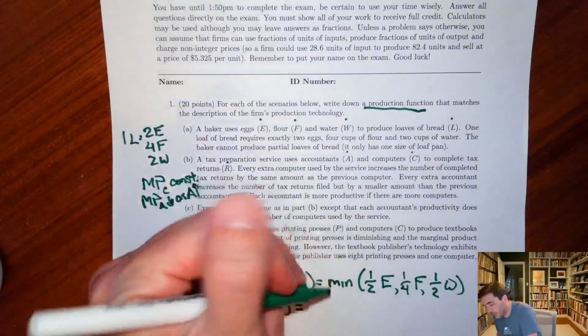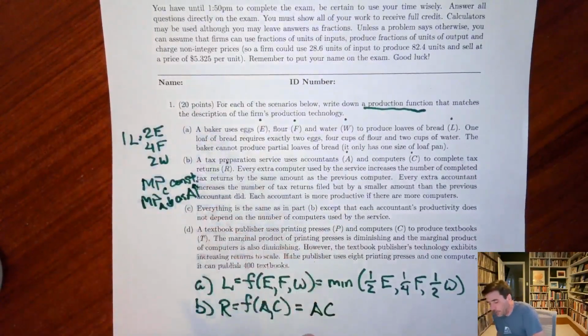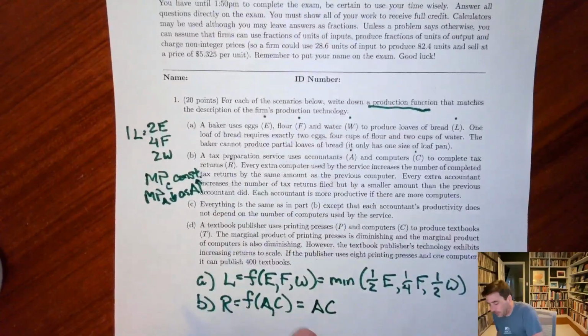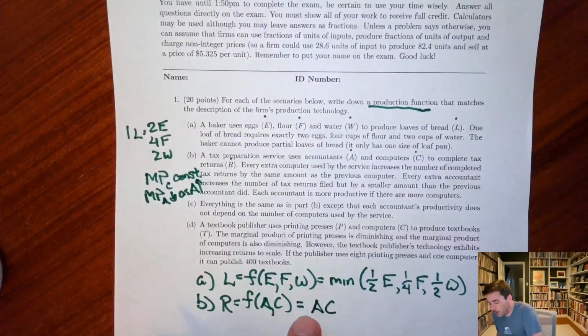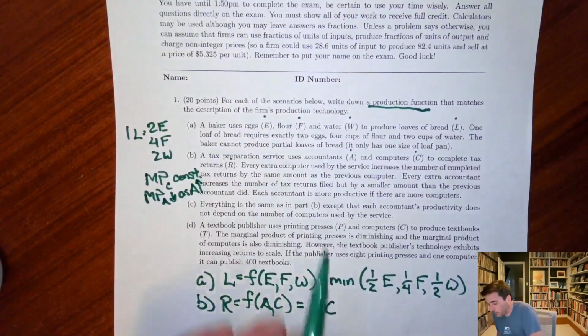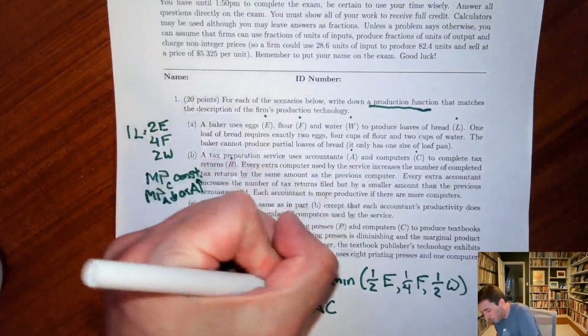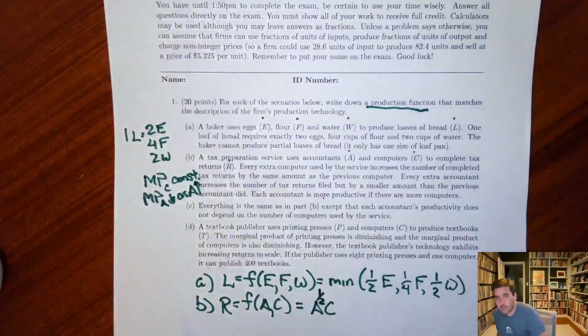What that tells me is that I need these in the same term, right? Because when I take a derivative of this production function, if they're not in the same term, the marginal product of A is not going to depend on C. That C is going to disappear. So same term to match that last sentence. No exponent on C to match constant marginal product. And we'll just pick a nice fraction, 1/2, to get our diminishing marginal product of A.